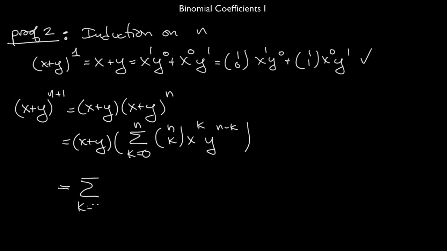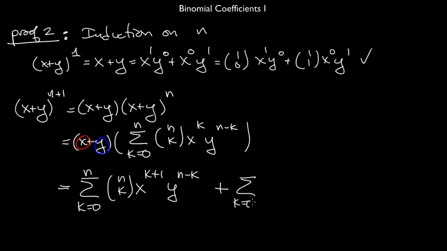Well, when you multiply it out, there's going to be a term that comes from multiplying this x times the summand, and that's going to raise the power of x. So you're going to get summation n choose k, x to the k plus 1, and the y is going to stay the same power. And then when you do the same thing with the y term, you're going to get a similar sum, except now the power of y is increased by 1.